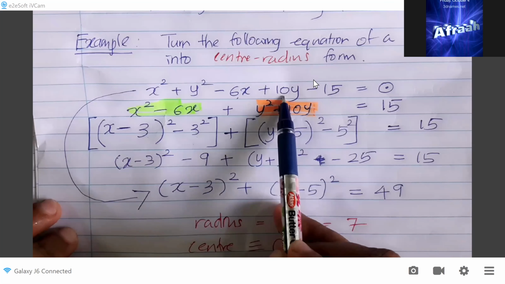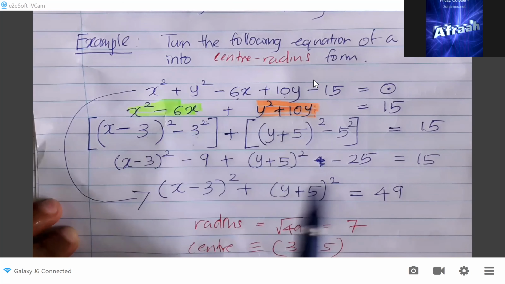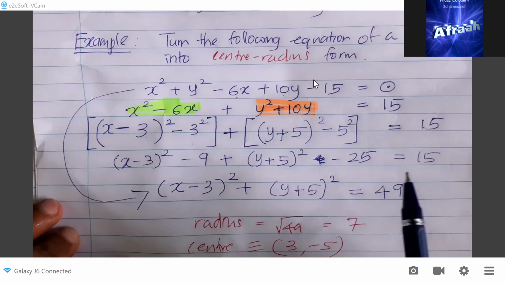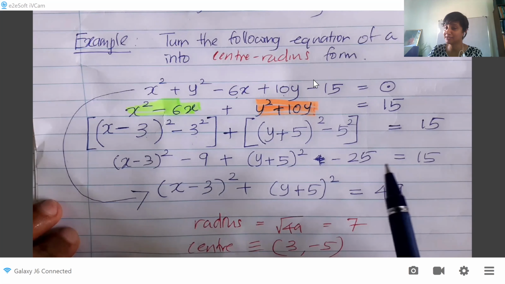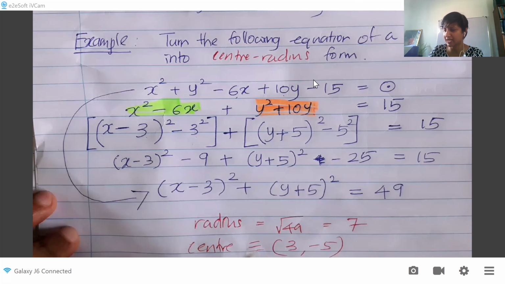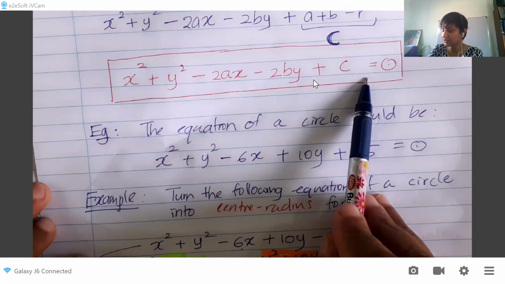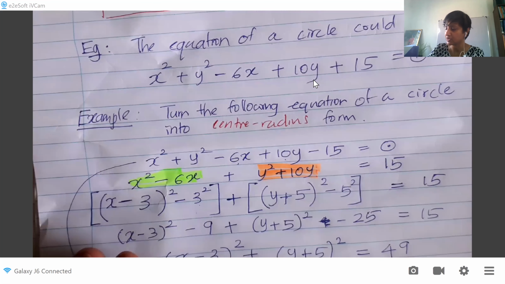After that, I wrote it in the center radius form. Yeah, you can do that too, but for that you have to memorize this form.